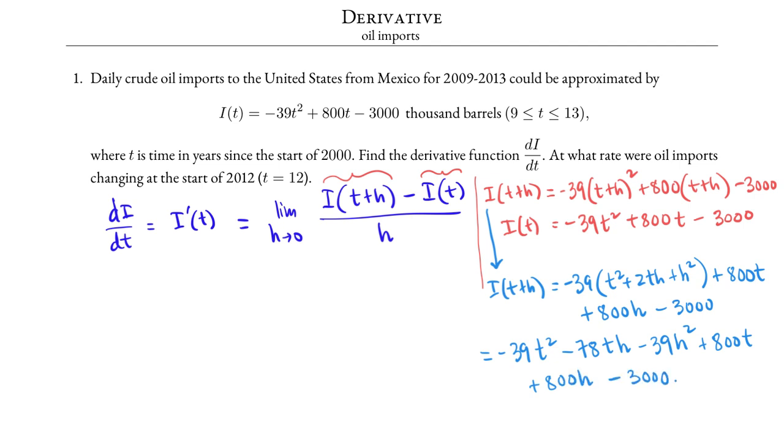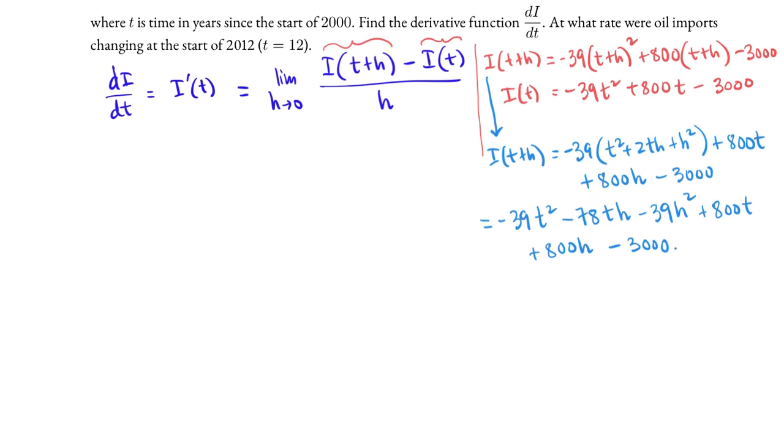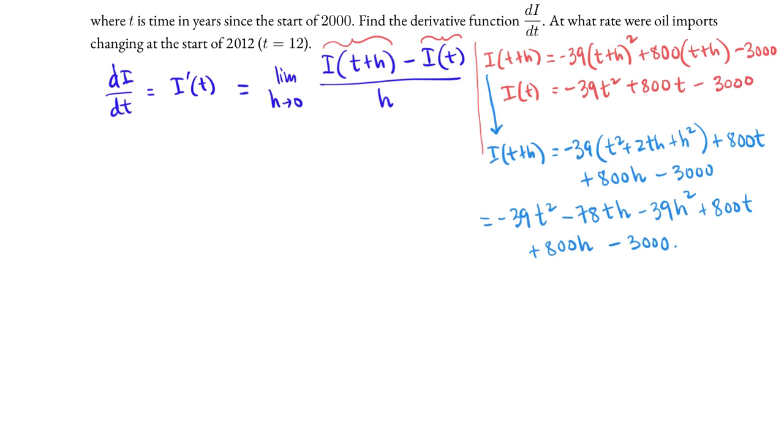We then attempt to combine like terms, but there is only one term with t squared, only one term with th, only one term with h squared, only one term with t, only one term with h, and only one constant, so we keep everything and cannot combine anything else.